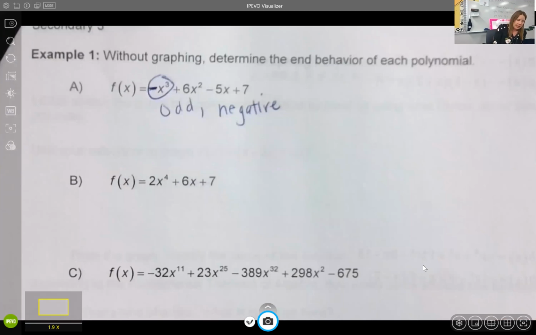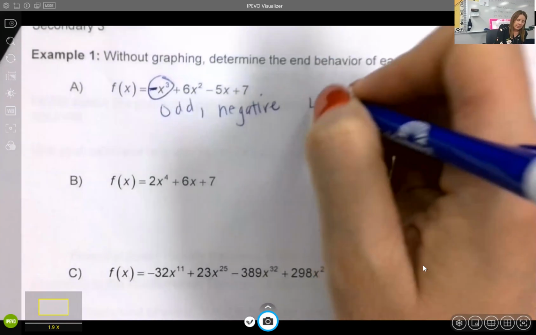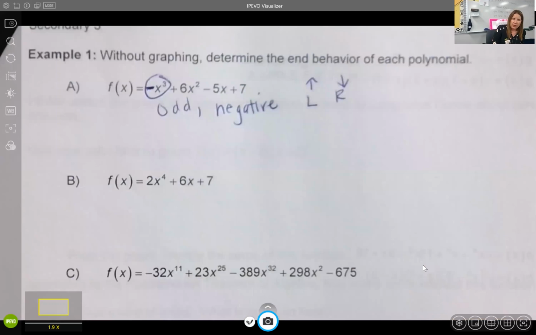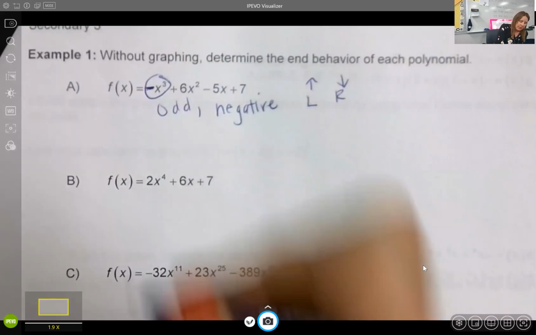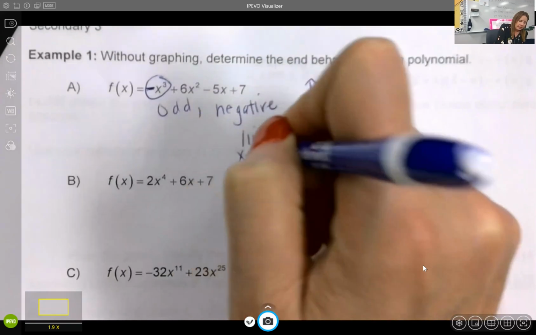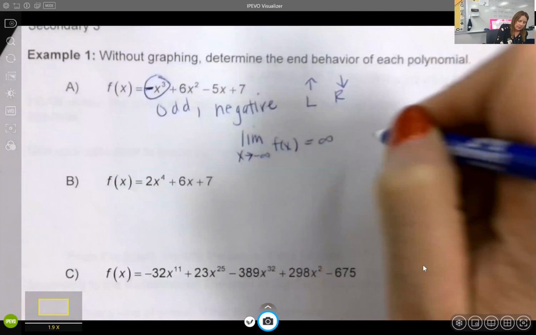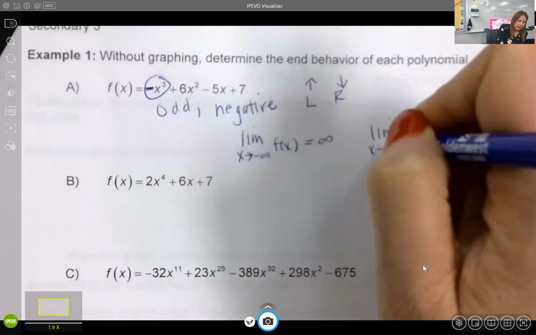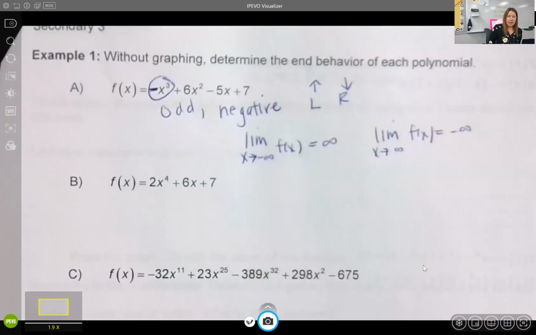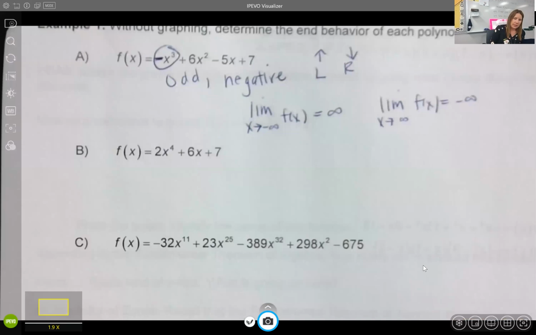To determine this end behavior, an odd and negative, the left leg is up and the right leg is down. That's something that I just have to have memorized. So then when I write my limit notation, I've got the limit on the left is up and the limit on the right is down. Okay, so that's just a review of the end behavior that we have done in the past.